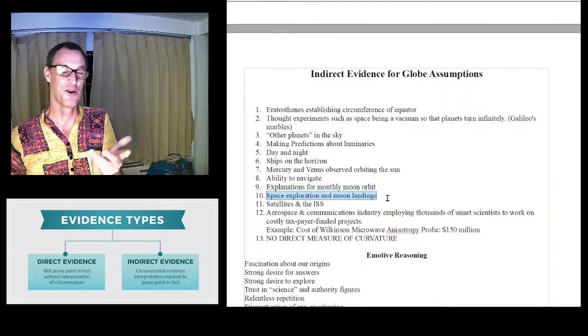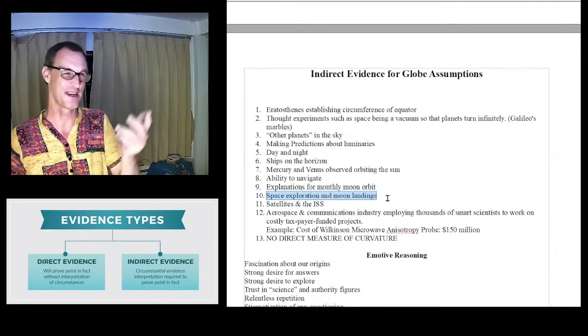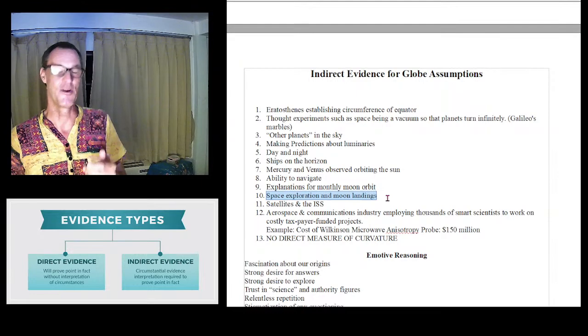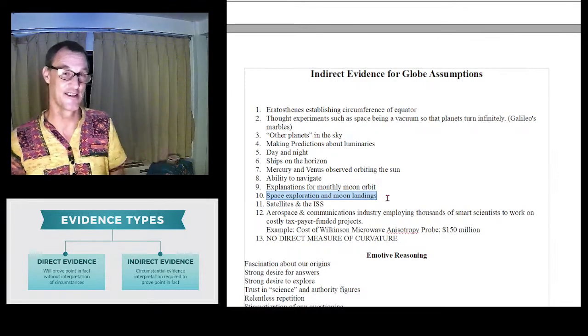Maybe they were or weren't putting them up there, but they were apparently putting Echo 1 and 2 up there and getting signals, relaying TV and radio signals. And so this was a boon to the communications industry.